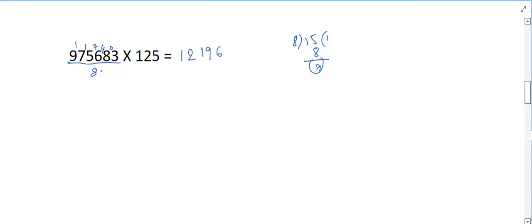Nothing but 3. 3 by 8, is it possible? No, sir. No means simply write a 0 here and the 3 will be remaining. Okay, now the remainder is 3. Based on the remainder, how many digits do we have to keep?